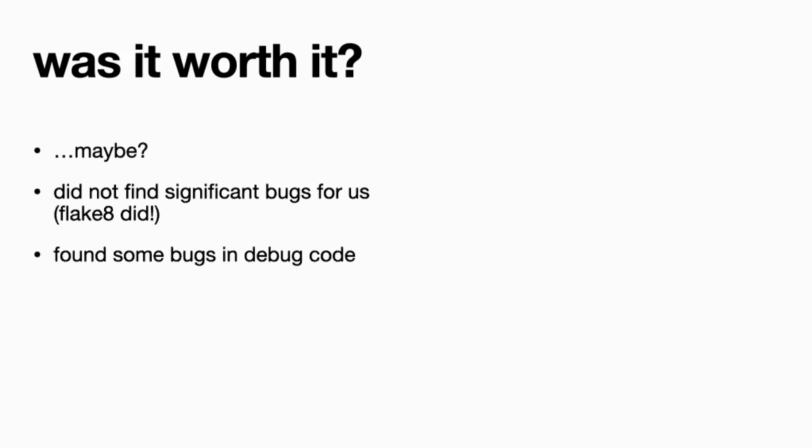MyPy did find some bugs in debug code, and this is going to work for you too, where it'll find bugs in your rarely used code, your support code, your scripting and stuff around the edges, the stuff that tends not to get tested, or not very well. But actually, the main benefit was that it focuses us away from documenting the type of everything in English words, because it gives you a way to just say, oh, that's an int, that's a string, done.